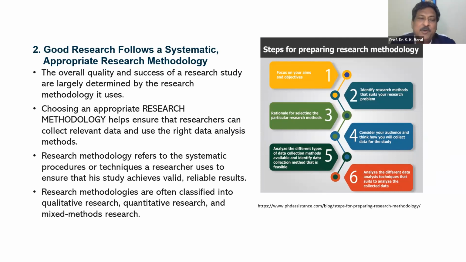Choosing an appropriate research methodology always helps a researcher to ensure relevant data collection and use of the right data analysis method. And if the data is collected from the relevant sources, but the right methods could not be applied, then the right analysis cannot take place.